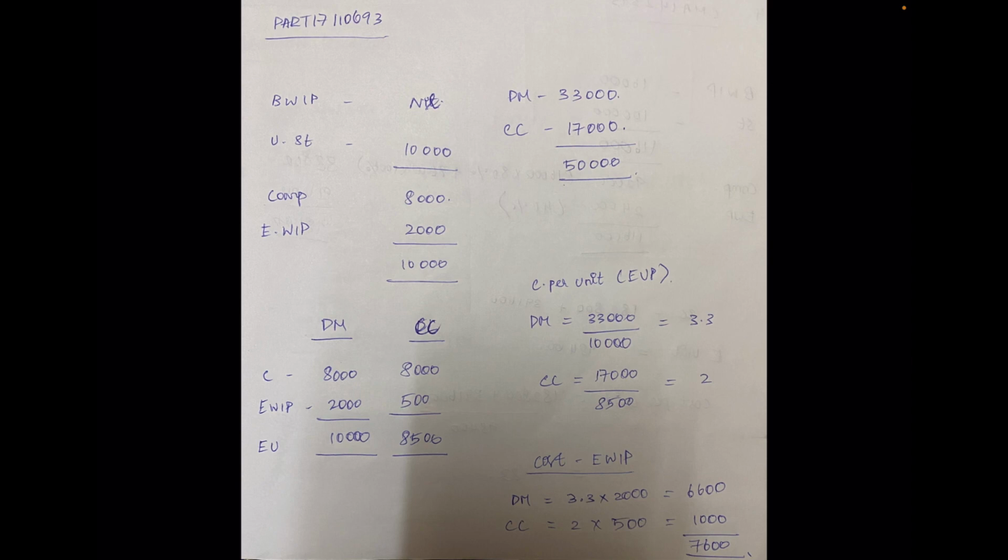Ending work in progress for conversion cost is 500, that is 25% of the 2,000 units in ending inventory that were 25 percent complete in conversion cost. So the total equivalent units are 10,000 for direct material and 8,500 for conversion cost.